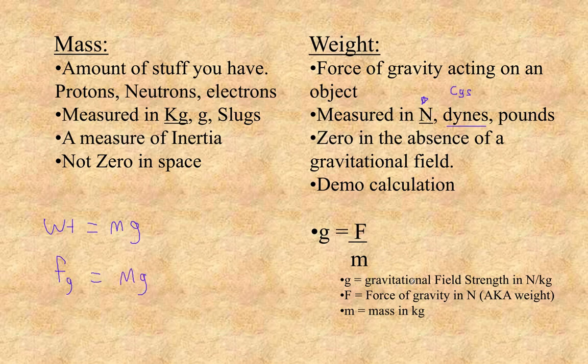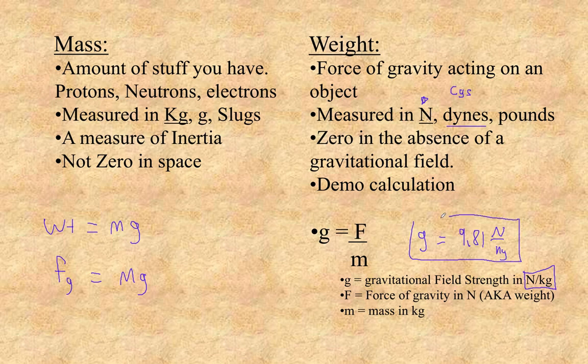So g is actually the gravitational field strength, and we sort of lied to you. We told you that g was 9.81 meters per second squared, but g really, on the surface of the Earth, is 9.81 newtons per kilogram. That's what it really is.